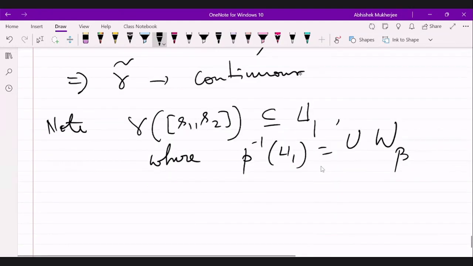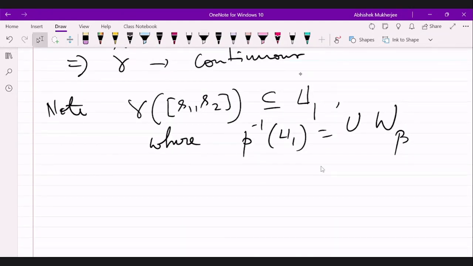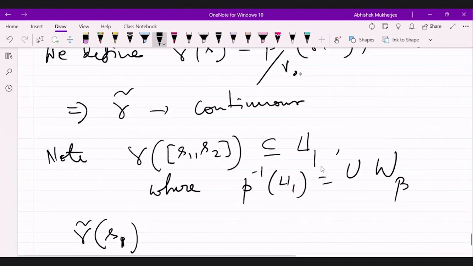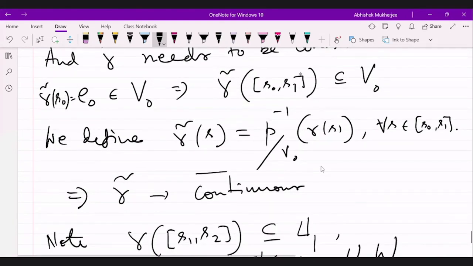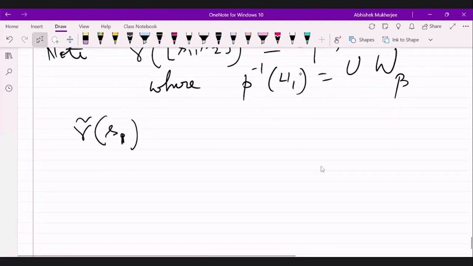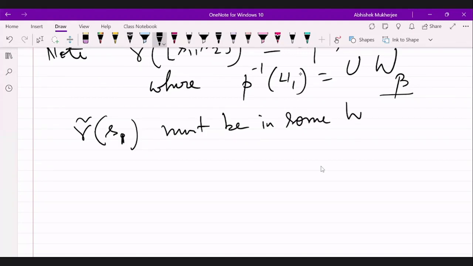And then again, this gamma tilde S1, which has already been defined above by this map, should be in some predetermined set W beta.